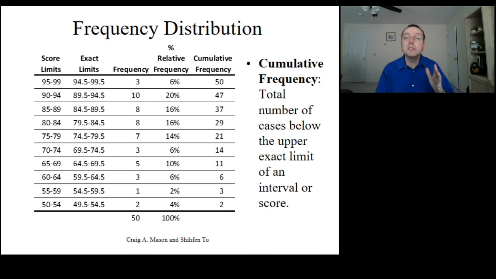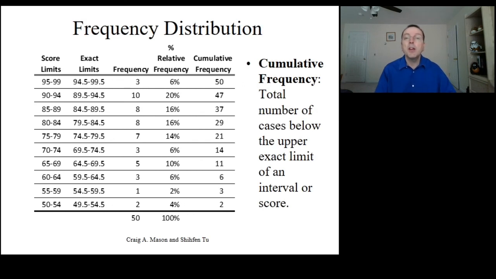Beyond looking at the frequency within a group or class interval, we often also calculate what's called the cumulative frequency for a group or class interval. Technically, the cumulative frequency is the total number of cases that fall below the upper exact limit of a group or interval.